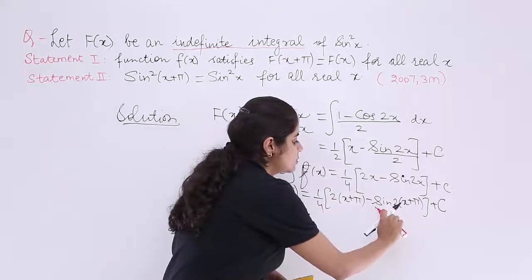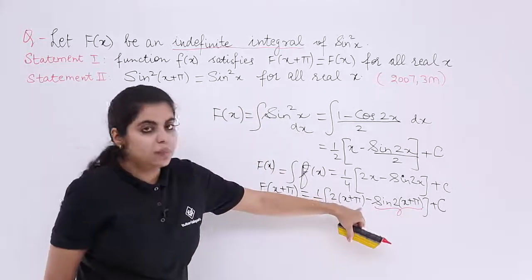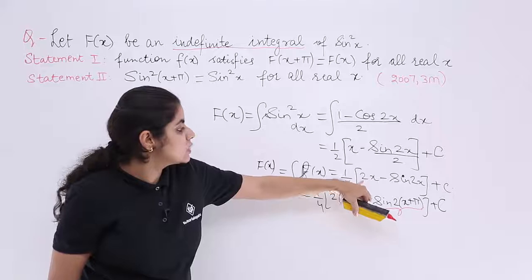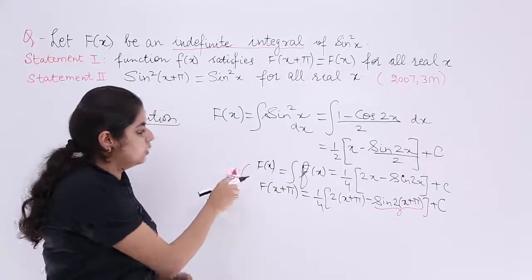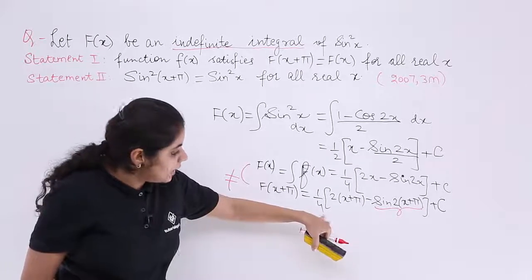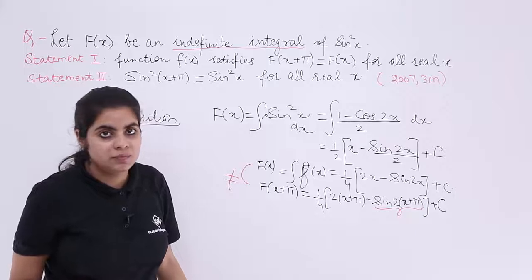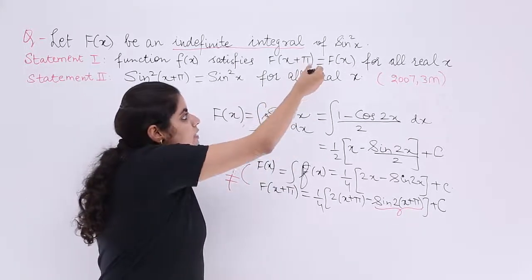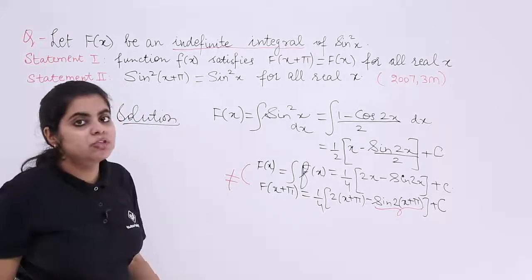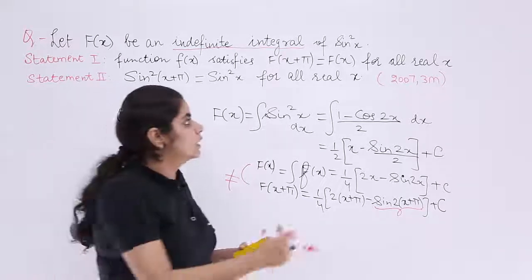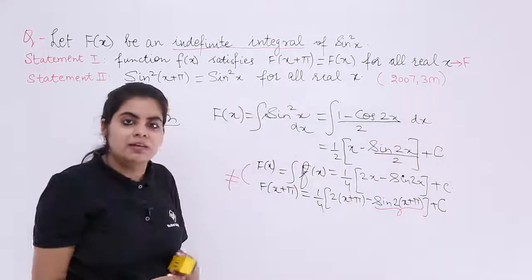This will not create a problem. But 2x plus 2 pi, this 2 pi is an extra term which is not above. So these 2 things can never be equal, because there are some extra terms in F(x plus pi) which are not in F(x). Here it was telling that they are equal, but I have found it is not equal. So the first statement is basically false.